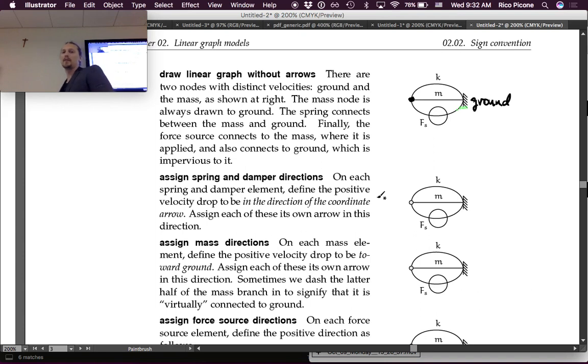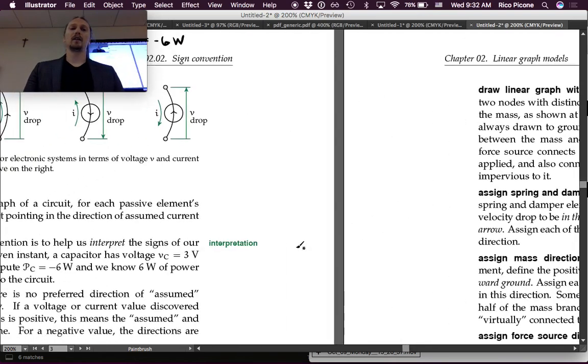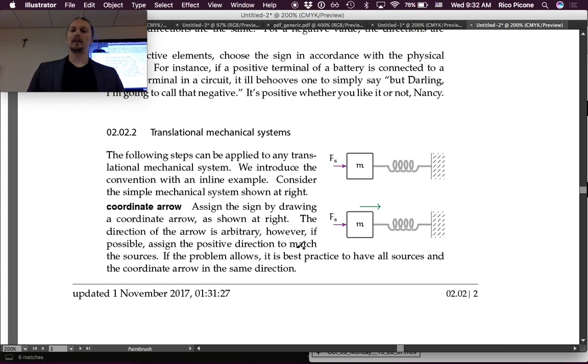Assign spring and damper directions is the next step. So on each spring and damper element, define the positive velocity drop to be in the direction of the coordinate arrow. So we go back here, and we're going to only deal with the springs and dampers first. There's only a spring, right? There's no damper in this problem. So with the spring, we have to assign the velocity drop in the direction of the coordinate arrow.